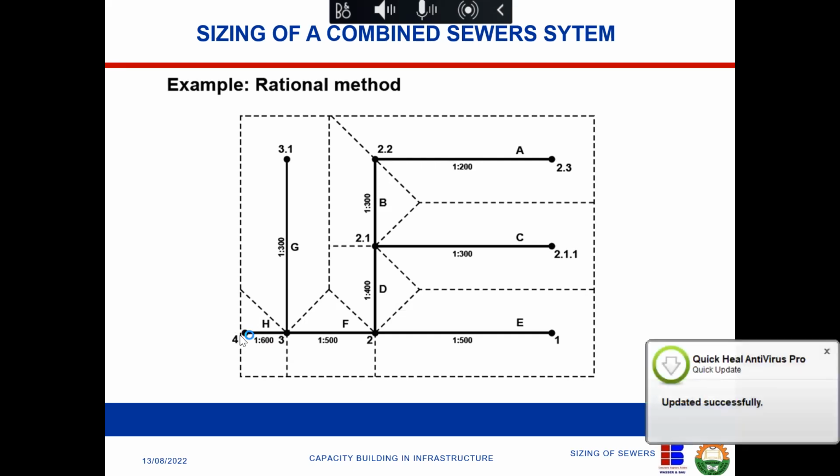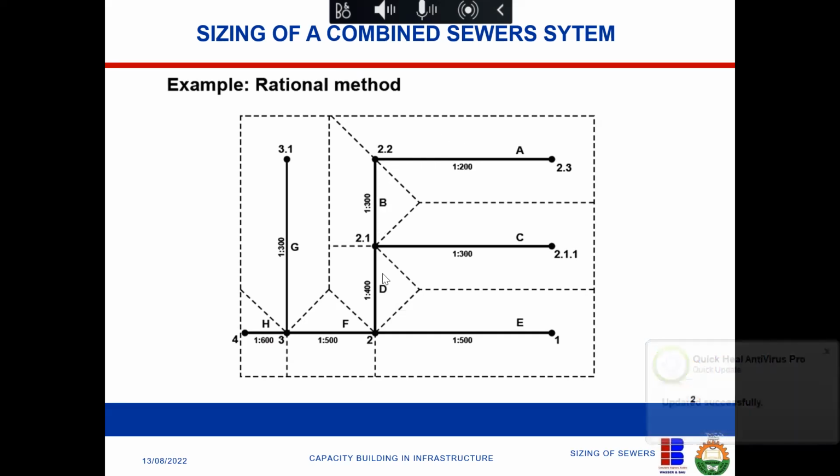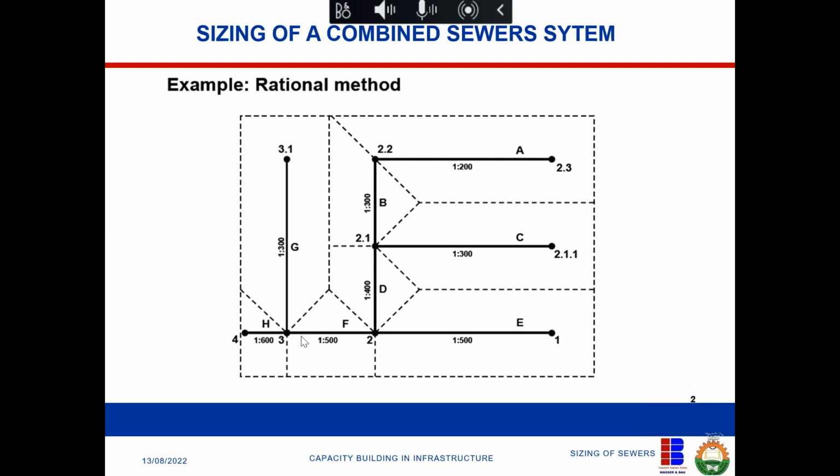So our first assumption is that this place is a fixed boundary. In other words, every storm event that is coming here is flowing symmetrically to the outfall at catchment H. So once there is a storm event here in catchment A, it will flow into catchment B. The one from catchment C will flow to catchment B also.